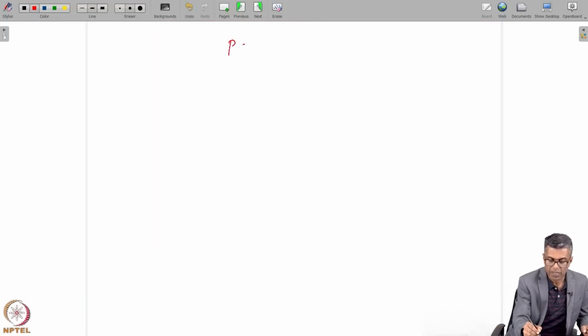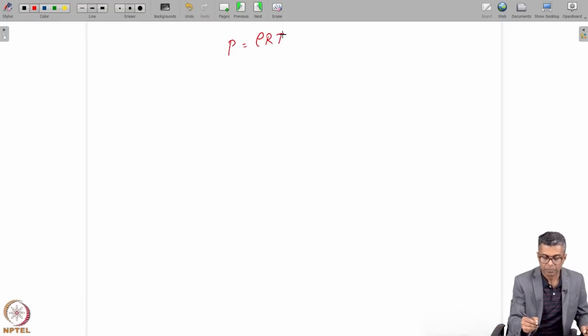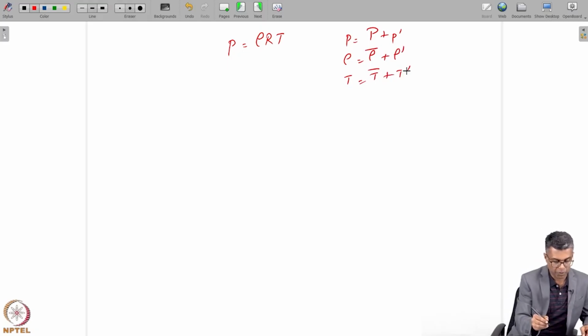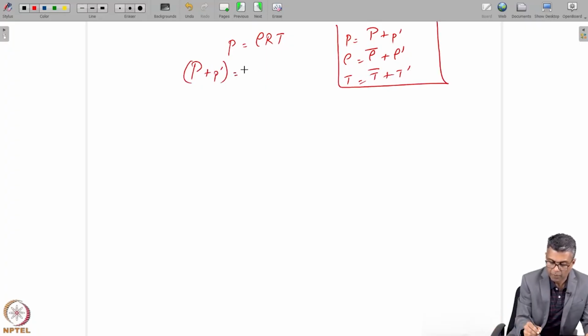So I have P is equal to rho RT, and my P is capital P plus P prime, rho is rho bar plus rho prime, T is T bar plus T prime. So I'll substitute all that in there and I will have capital P plus P prime is equal to rho bar plus rho prime times R, which is a constant, it's a gas constant.